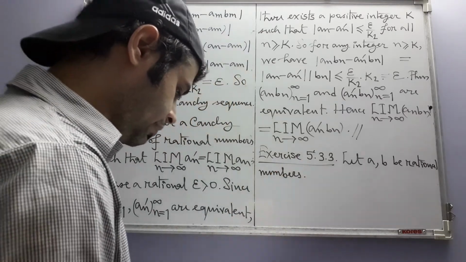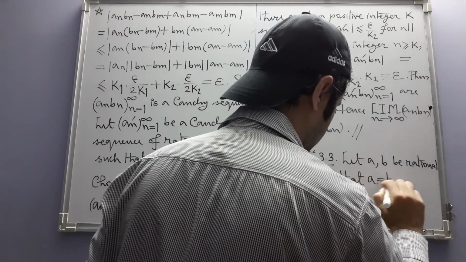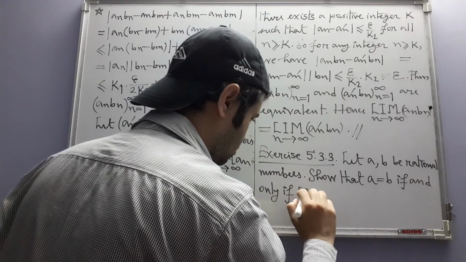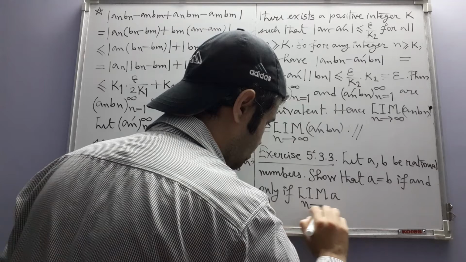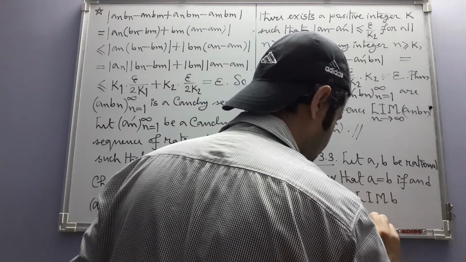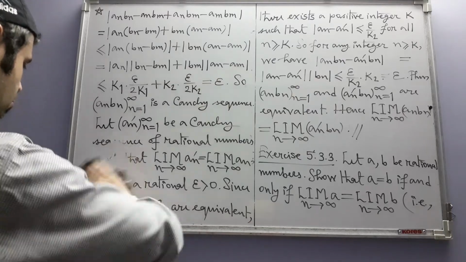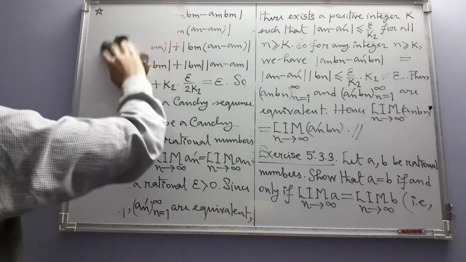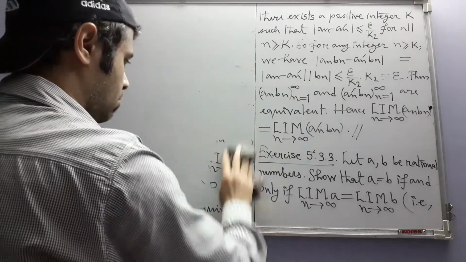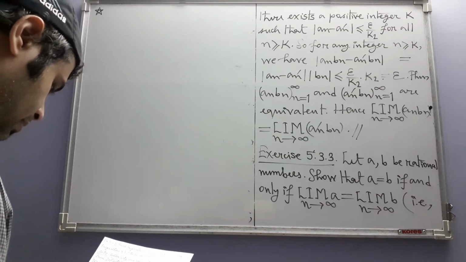Show that a is equal to b if and only if the formal limit of this constant sequence A is equal to the formal limit of the constant sequence B. That is, the Cauchy sequences are equivalent.